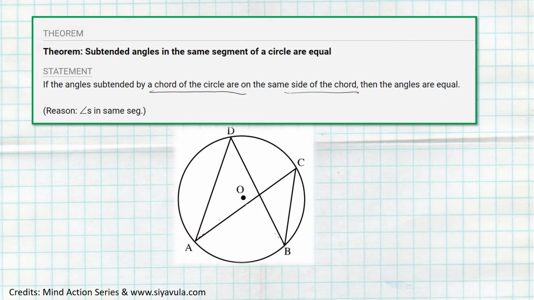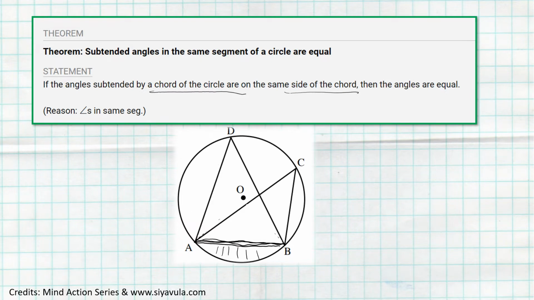For example, if I have a chord here, AB, let's take AB as our chord, and we have angles that are subtended by this chord on the same segment. Remember, this is the smaller segment and this is the bigger segment.